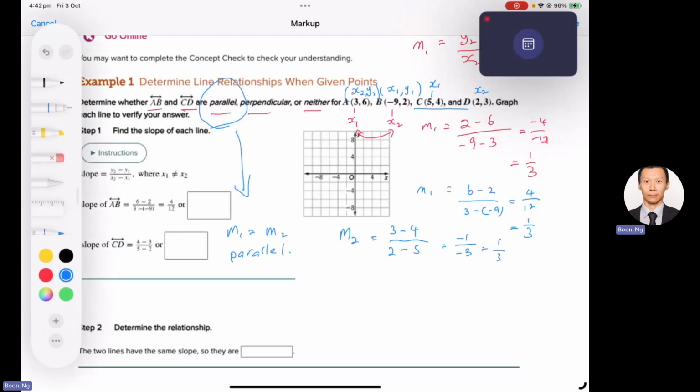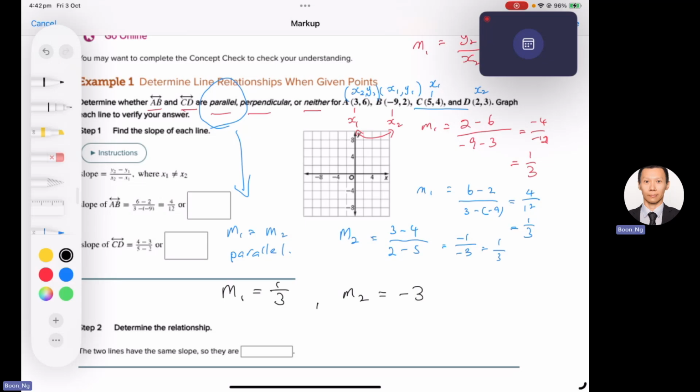Now suppose, this is not part of the questions, but I'm extending it. Let's say m1 is 1 over 3, and m2 is no longer 1 over 3. m2 is actually -3.